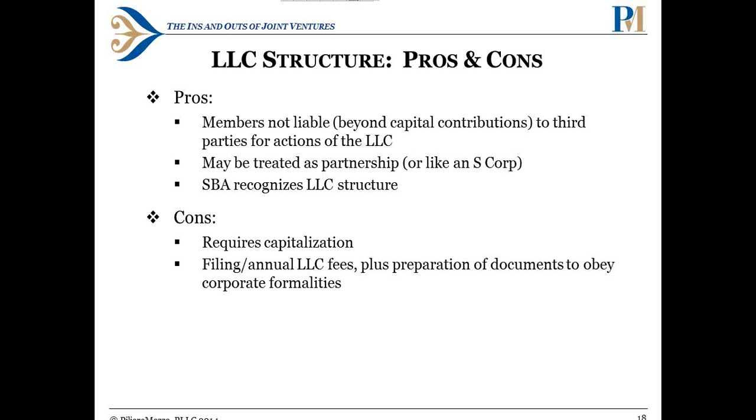So your LLC would file an informational tax return, and then the revenue would be recognized at the owner level.